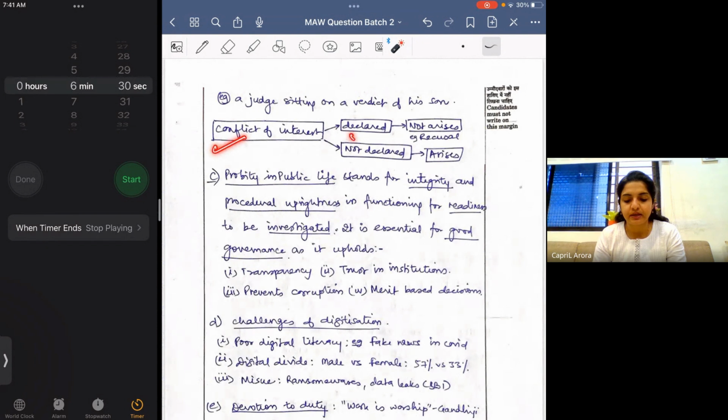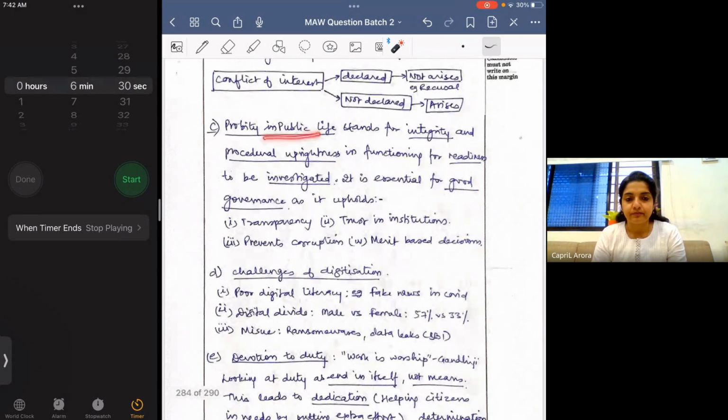Conflict of interest, if declared, does not arise. That means if the judge recuses, it does not arise; if not declared, it arises. Even if he has given a fair judgment, in the eyes of people there will always be a question of whether he gave it fairly or not. So it's better that you declare, you recuse, and you do not get into a situation of conflict of interest.